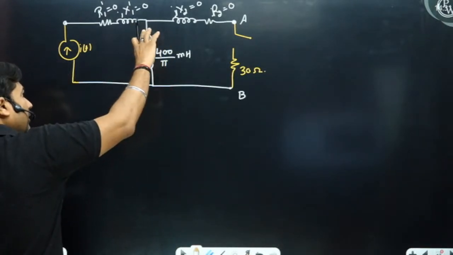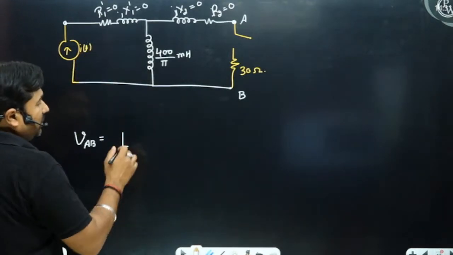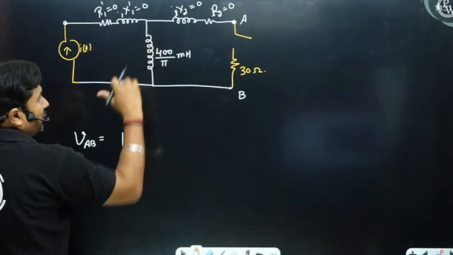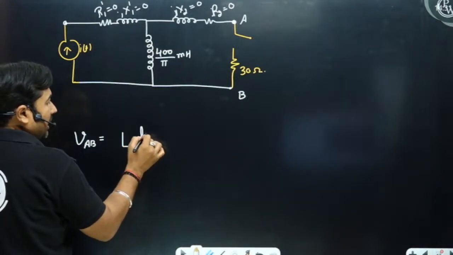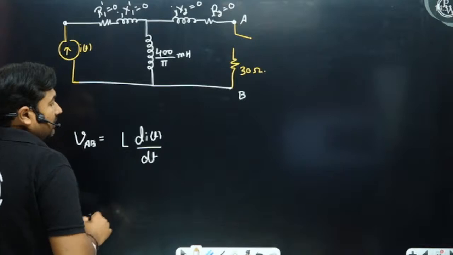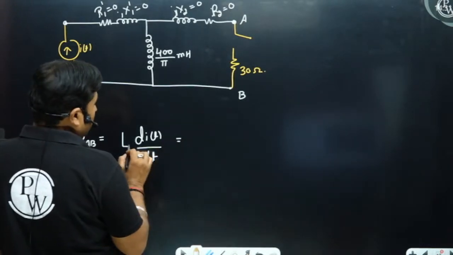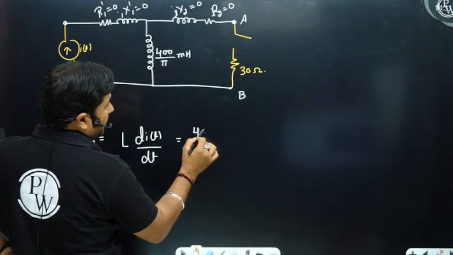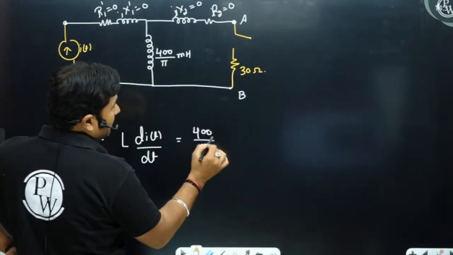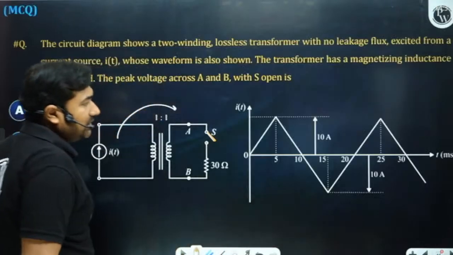Since the current is changing with respect to time, when a current flowing through the inductor changes with respect to time, there will be a voltage drop across the inductor, that is called the reactance voltage, L di by dt. So L is the inductance given to you as 400 by pi millihenry, and di by dt is the slope of this.